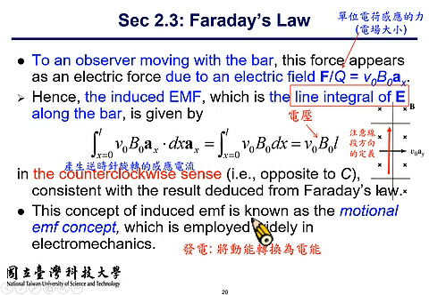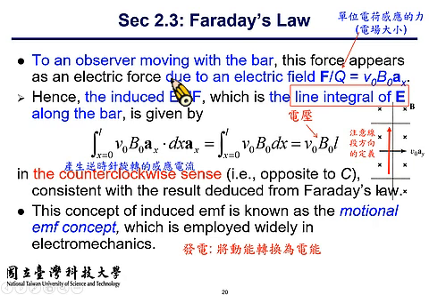provide the same result. Okay. So to an observer moving with the bar, the force appears to be an electric force due to the electrical field E. So in this case, for the moving charge, you can think of the force as equal to Q times E, the electrical field intensity times the amount of charge.